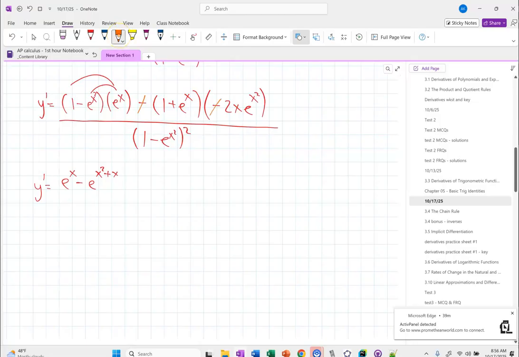And then I'm going to do that, cancel my negatives. You guys good there? So I'm going to have plus now 2x e to the x squared. And then I'll have plus 2x e to the x squared plus x.